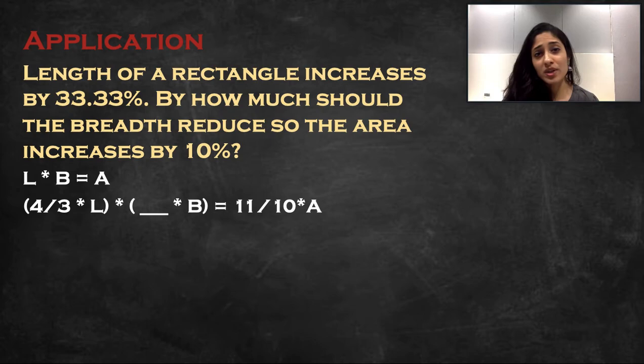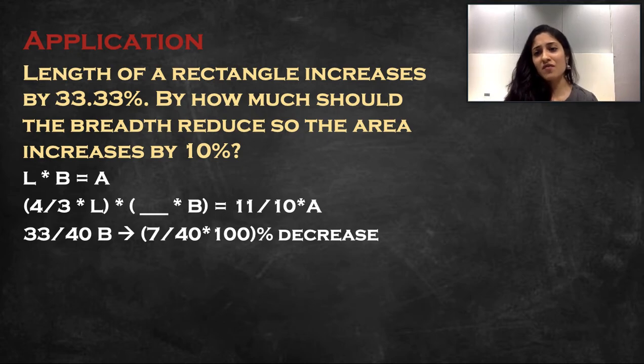I don't know the multiplier for breadth, and area has increased by 10%, so it becomes 11 by 10th of itself. Now if I calculate the multiplier of breadth, it will be 11 by 10 into 3 by 4, which gives you 33 upon 40th of breadth.